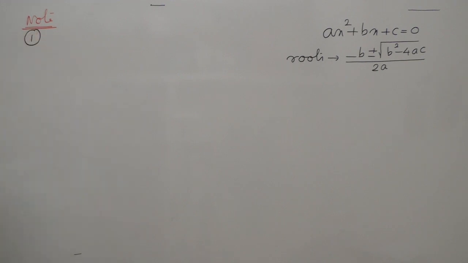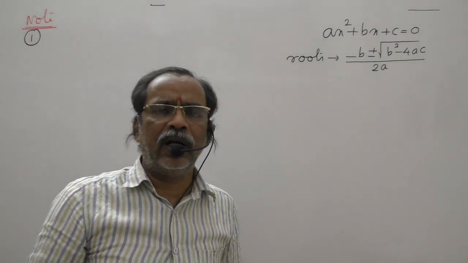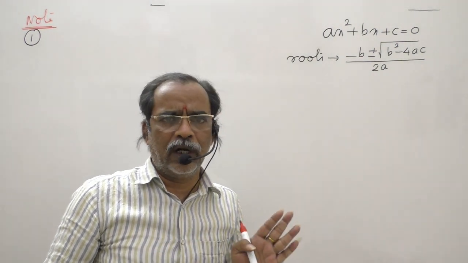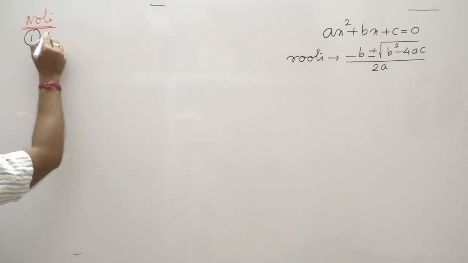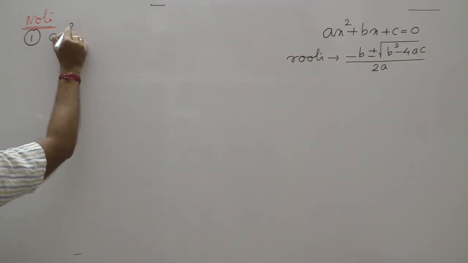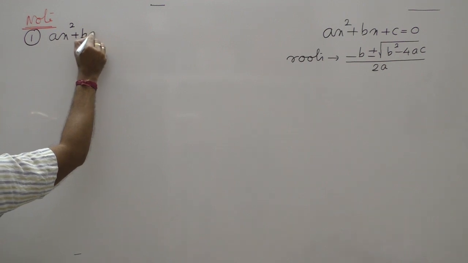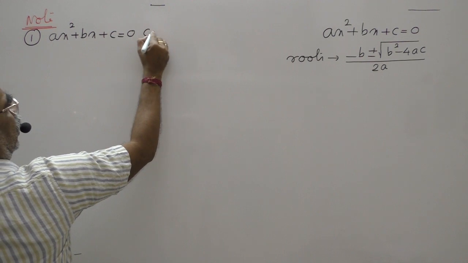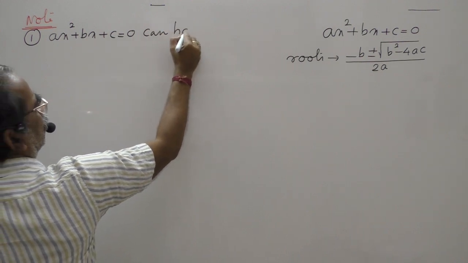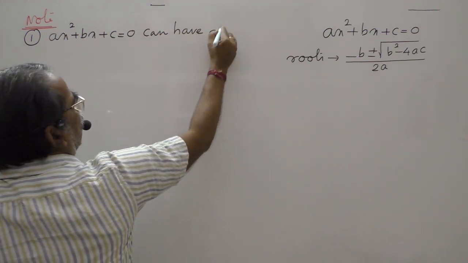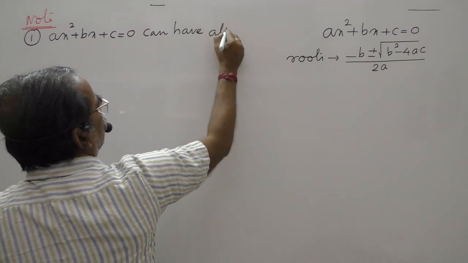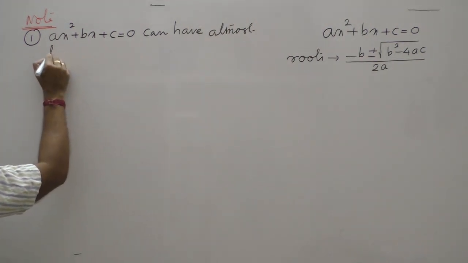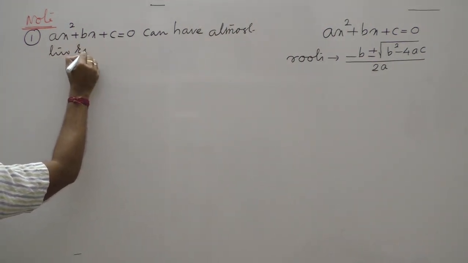Number 1. Just now I said a quadratic equation can have at most 2 roots, not more than 2. See, ax square plus bx plus c is equal to 0 can have at most 2 roots, not more than 2.